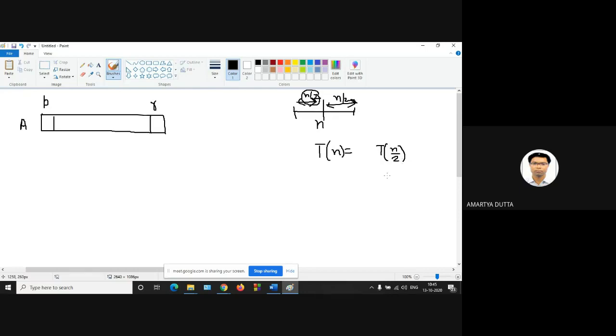In case of binary search, we have to discard the other part. That's why there is only T of n by 2 plus some constant. But in case of quick sort, you have to divide the whole array into two equal halves, that is n by 2.